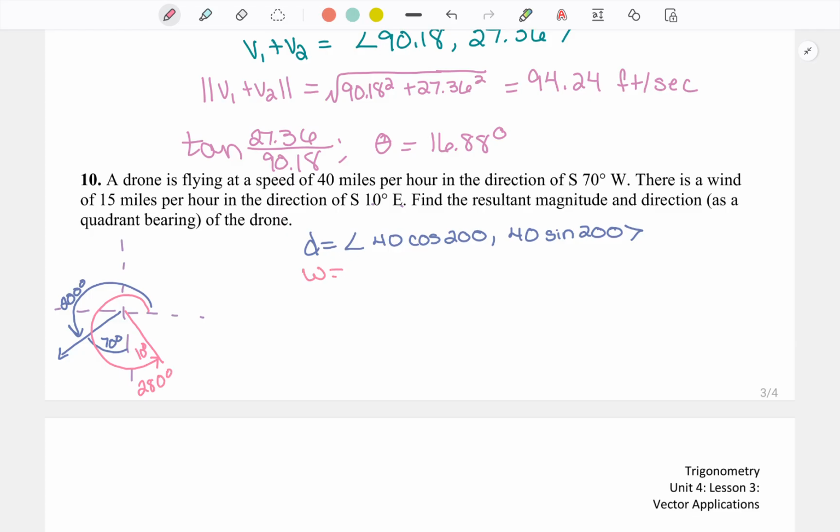So our wind speed is going to be 15 times the cosine of 280, and then 15 times the sine of 280. So our d plus w, when we put these in our calculator, is negative 34.98 and then negative 28.45.